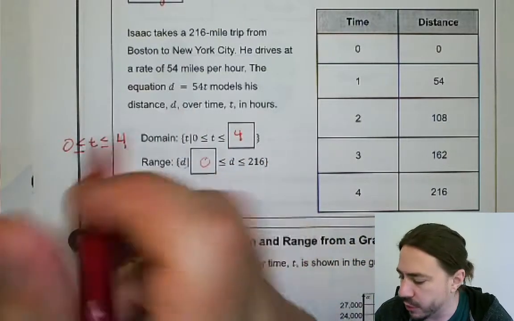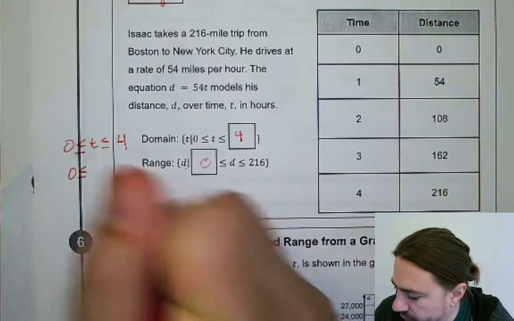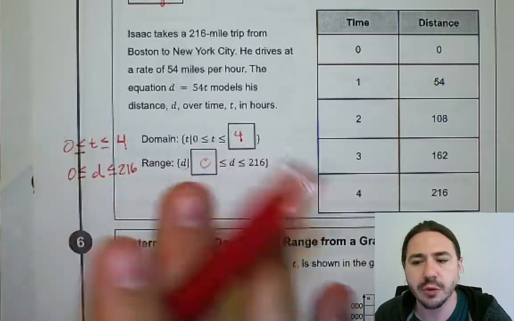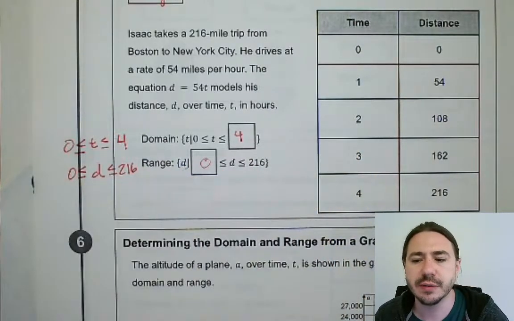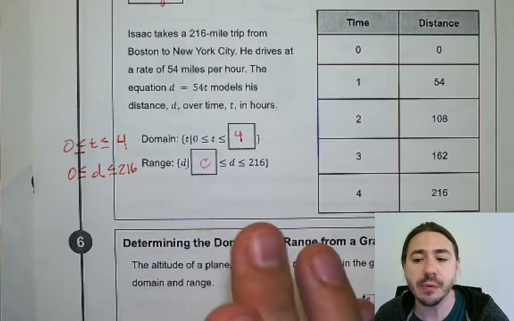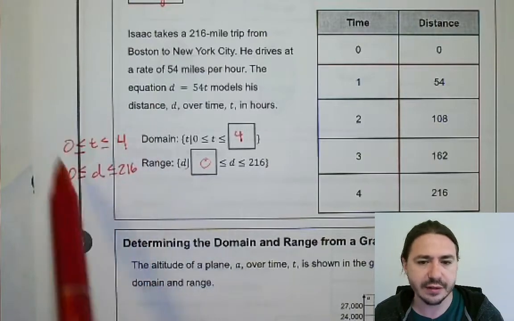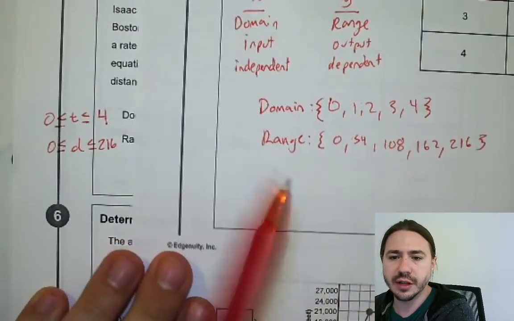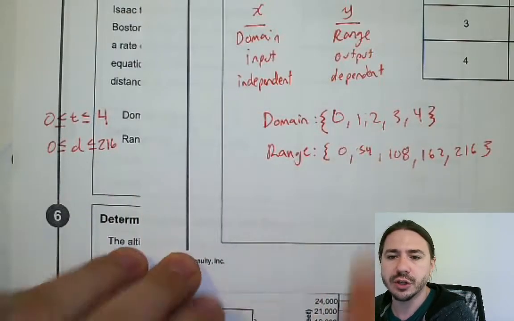This is just another way of writing domain and range, and we'll see some examples hopefully down the line where we have to determine whether we want to write it like this or like this. So these are two different ways of writing the domain and range.